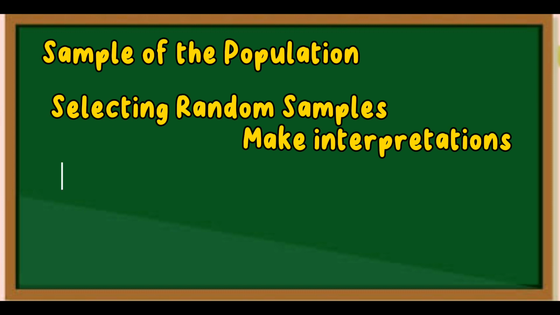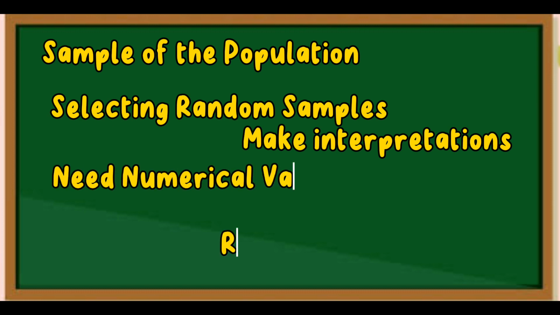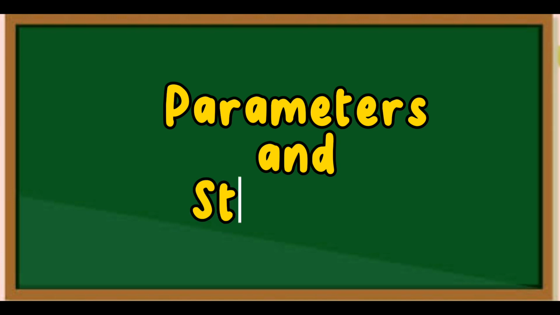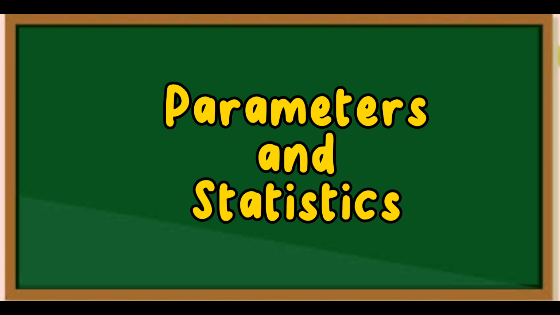Most researchers need numerical values to easily interpret the results of the study. These values are counted based on all the elements of the population or from the randomly selected samples that were taken. The values can be classified into parameters and statistics.